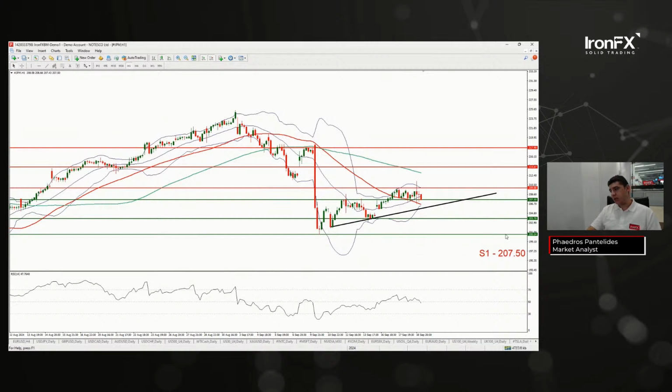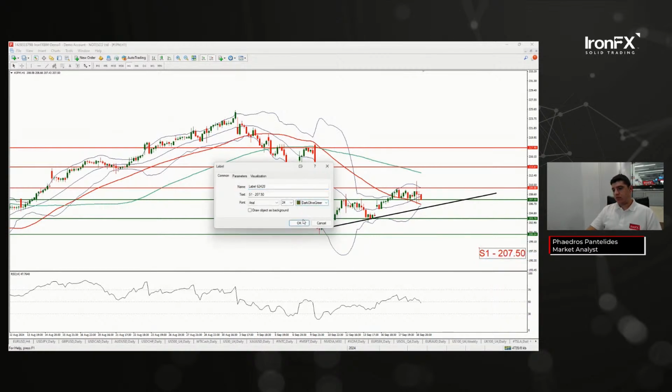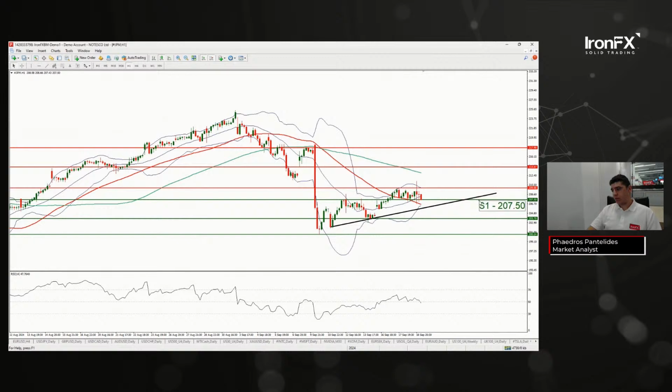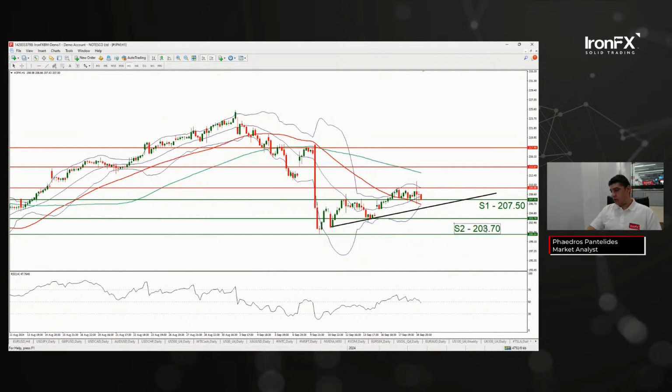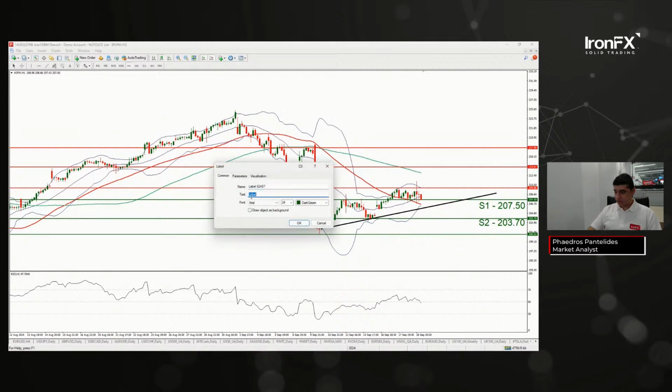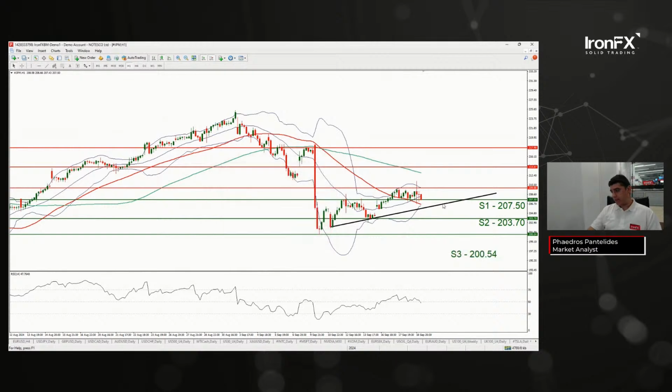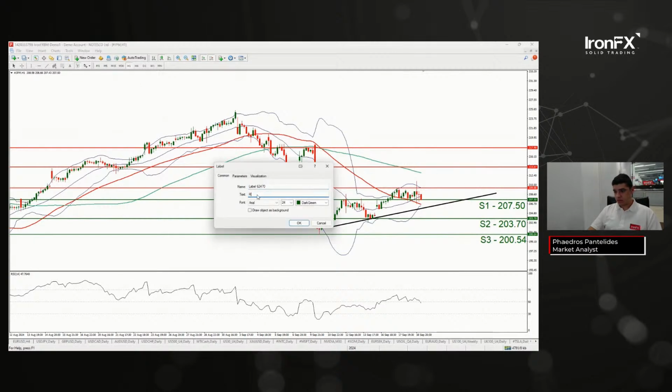We'll have to see if there is anything new just released. 207.50, 203.70, that is S2, and then S3, 200.54. For R1, 209.88.